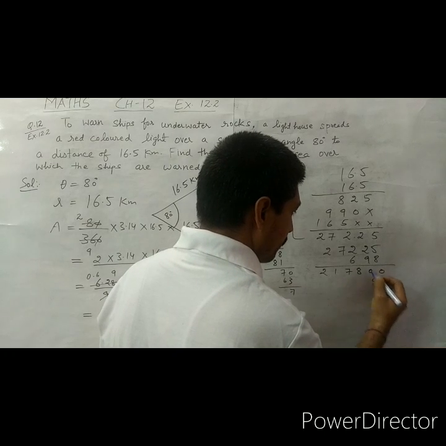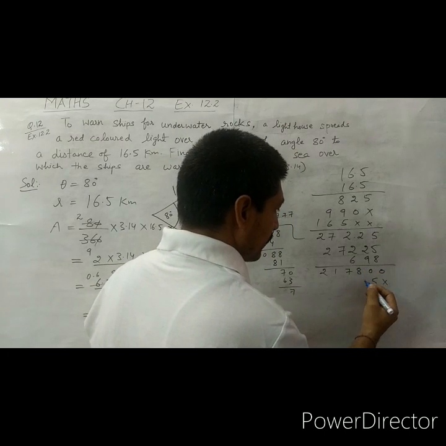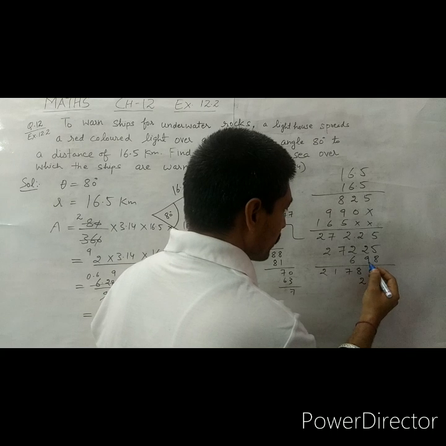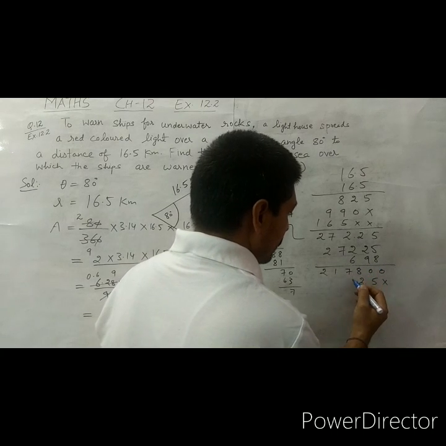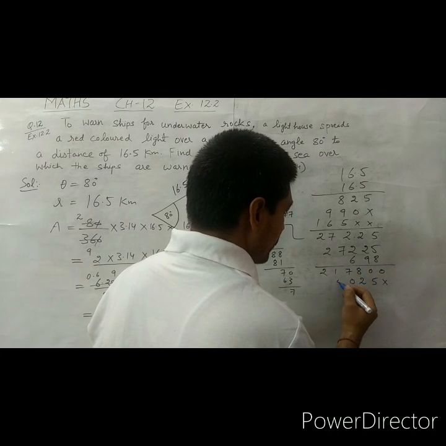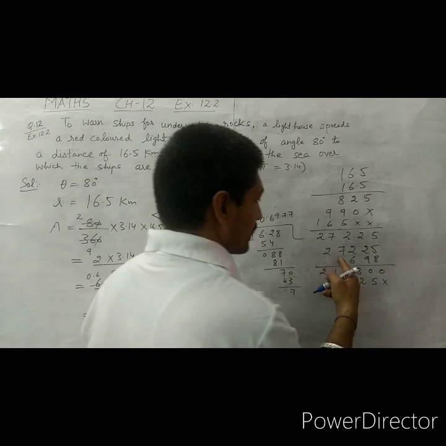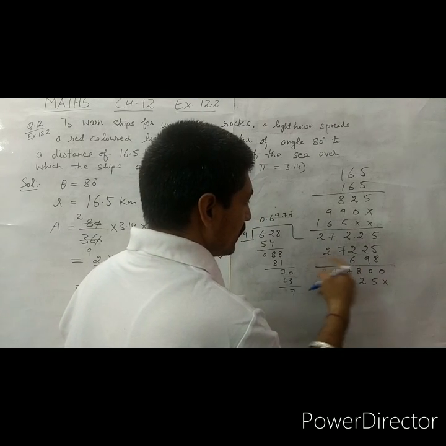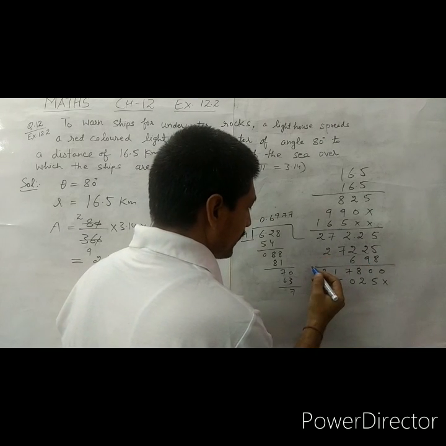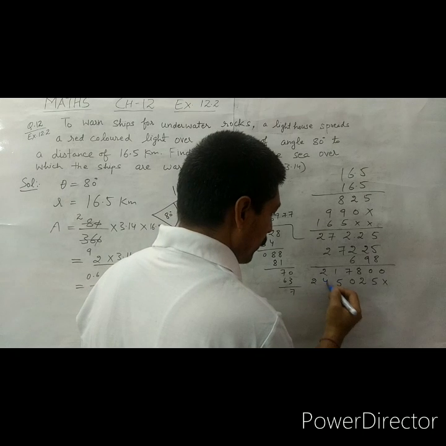Now 9 is 45. 18 plus 4, 22. 2, 18 plus 2, 20. 2, 63, 65. 6, 8 2s are 16, 9 2s are 18. 18 plus 6, 24.